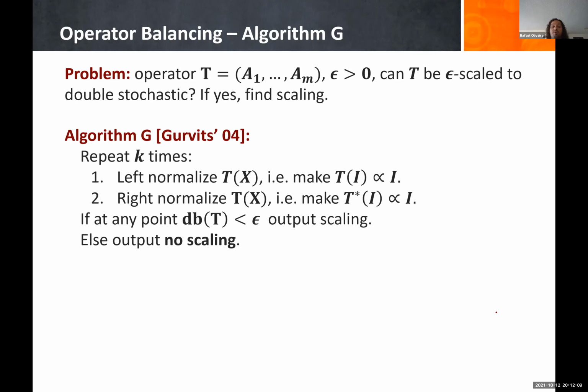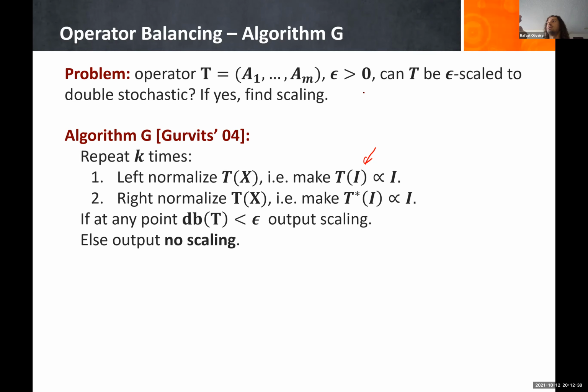We're going to repeat this k times. We first left-normalize T of X. Notice that if I multiply the matrices AI on the left, I can make T sub I proportional to the identity. But then of course I'm going to mess up the dual, T star of I, and now I need to fix T star of I. So I right-normalize, which means multiplying the matrices AI by some matrix on the right.